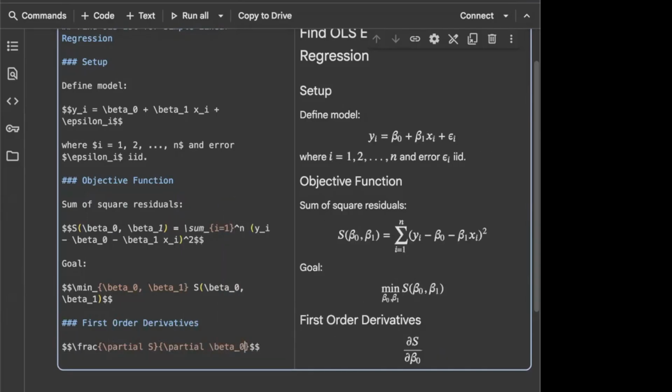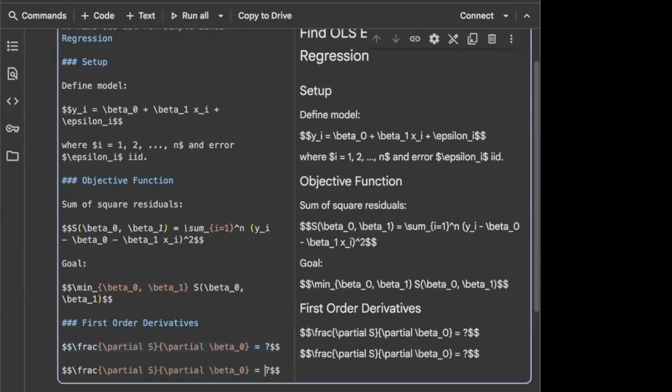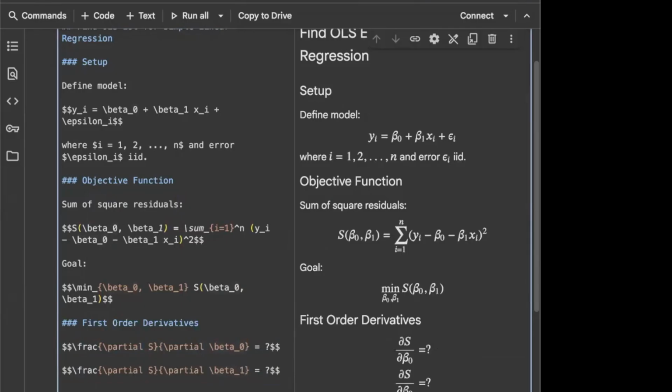That is one formula we have to figure out, so question mark. The next step is with respect to beta 1. What we're trying to say is, when the objective function S makes marginal changes, what is the marginal change with respect to beta 0? That's what it's doing.